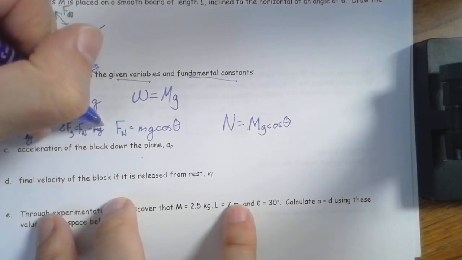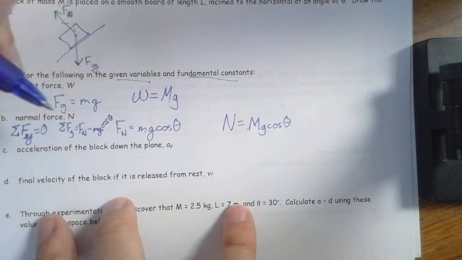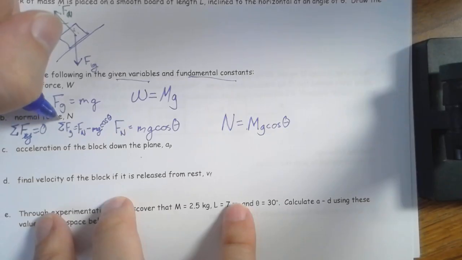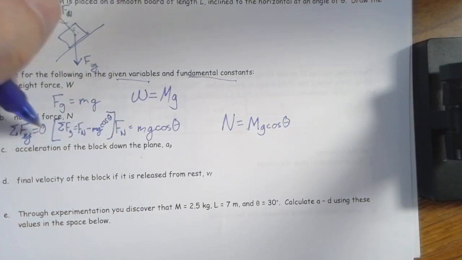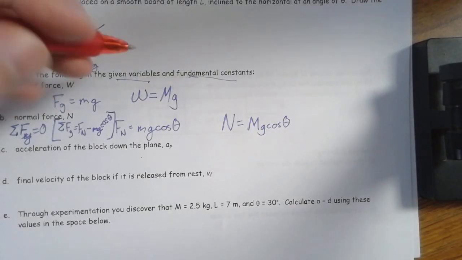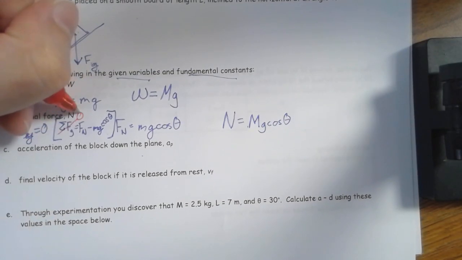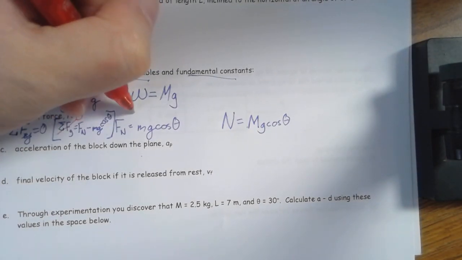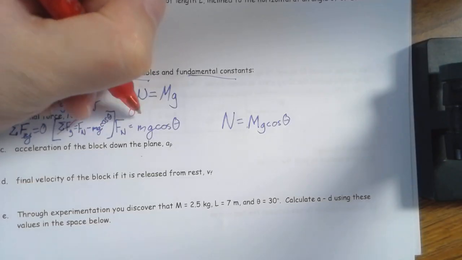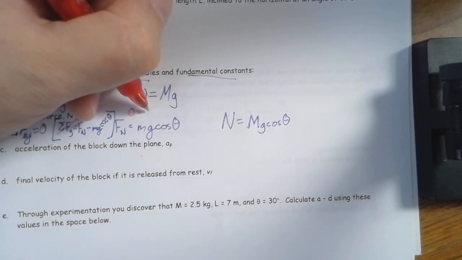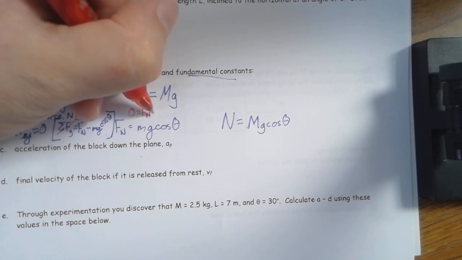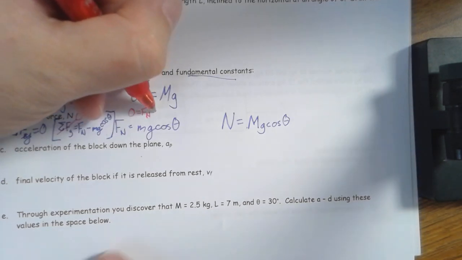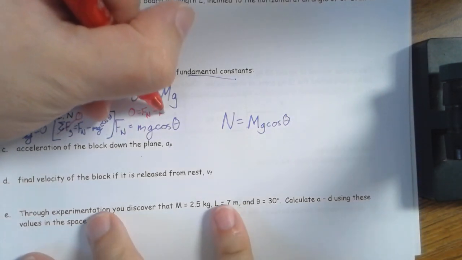Mg cosine theta. I just ran out of space. And so if this is 0, I can say 0 equals force normal. And then I'm going to add mg cosine theta to both sides.